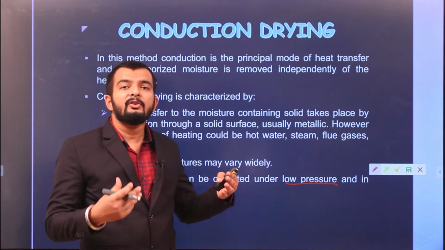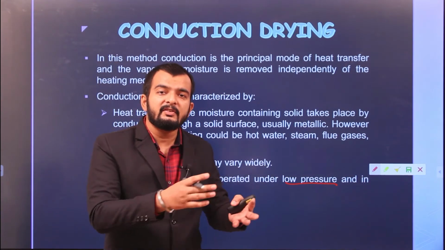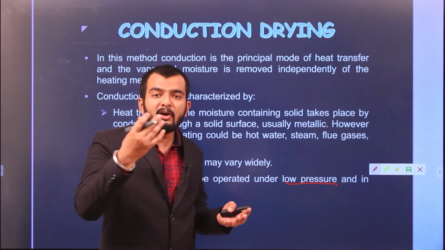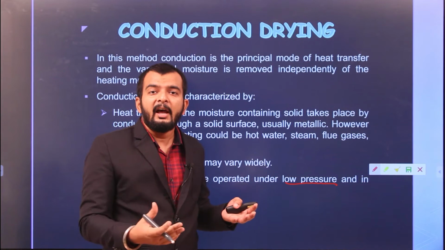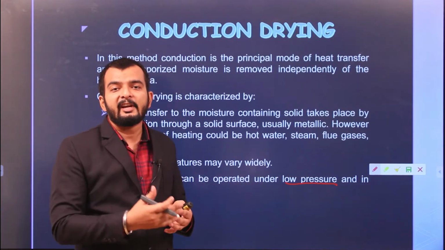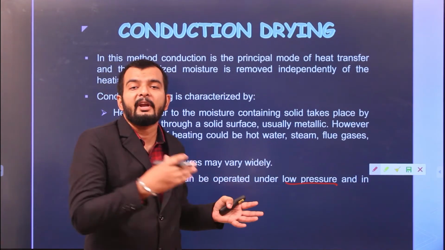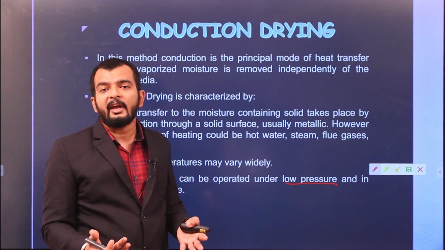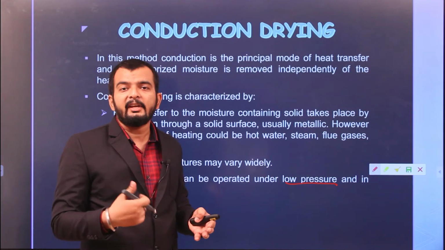Why is it so? Because if you maintain low pressure in the surrounding, the low pressure will suck out the moisture from these grains, and moisture migration will be very rapid. The rate of moisture migration from grains to the surrounding will become very high. In this case, the rate of drying will be very efficient and very quick.